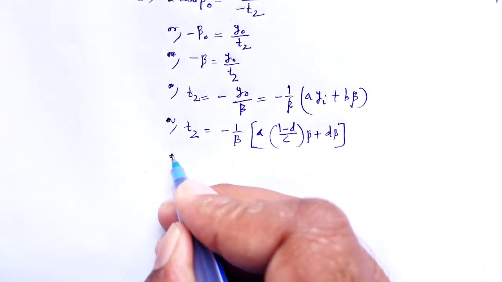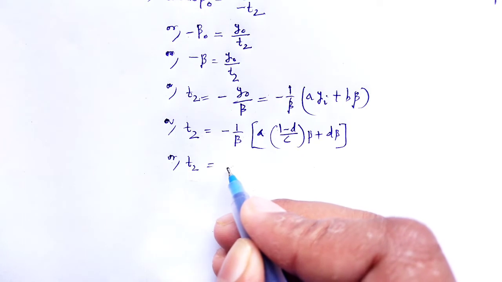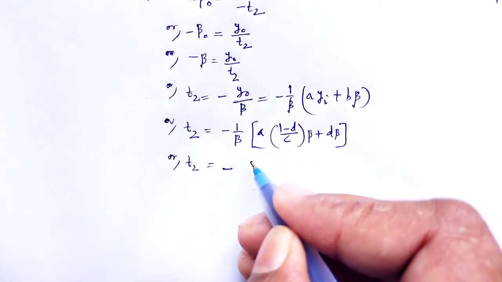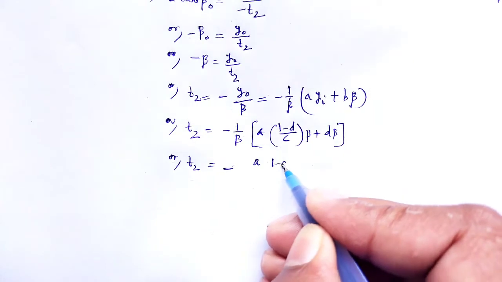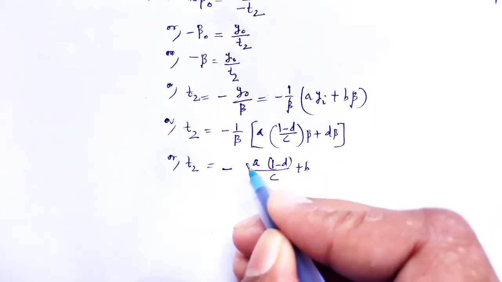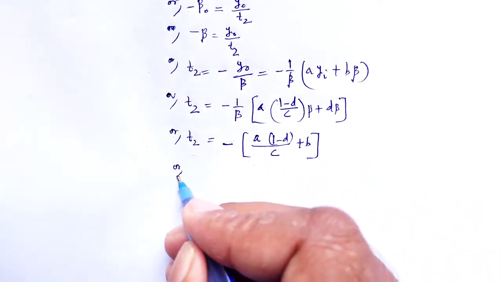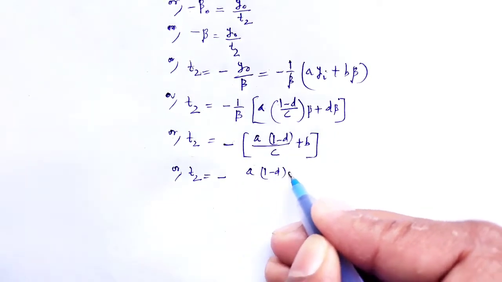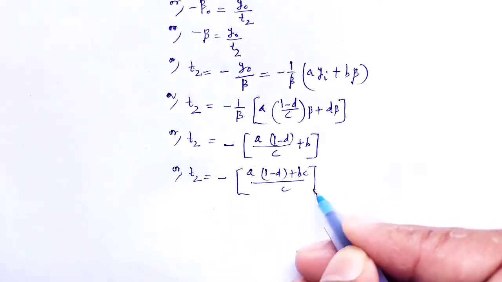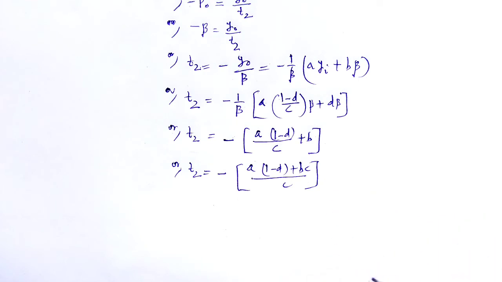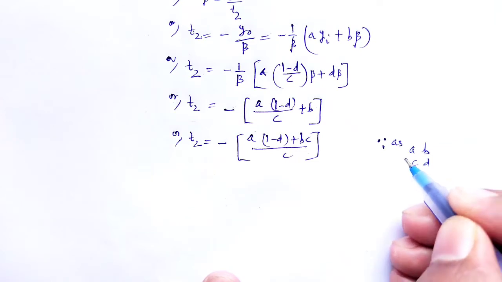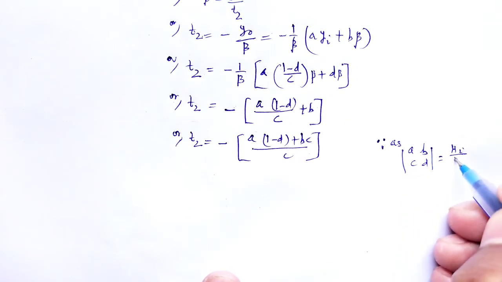Now solving it, we have T2 is equal to minus, taking beta as common, and beta beta cancel out, inside that bracket we have A (1 minus D) divided by C plus B, or T2 is equal to minus A, taking LCM, (1 minus D plus BC) divided by C. Look here, the determinant of the system matrix A, B, C, D is equal to mu y divided by mu naught.